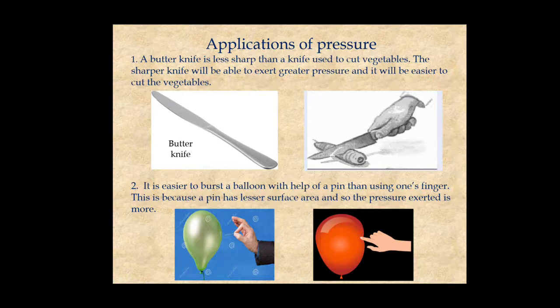So where the surface area is smaller, it will exert more pressure, and by using the pin we can easily burst the balloon, unlike the finger, because the finger's surface area is much more than the pin. That's why it will exert less pressure on the balloon.